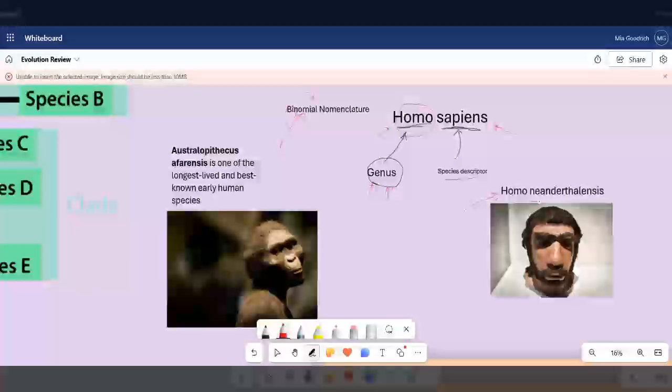These are the Neanderthals. From what I understand, the correct pronunciation is Neanderthal, like tall, not Neanderthal with a TH sound. So here's a little recreation of what he looked like.